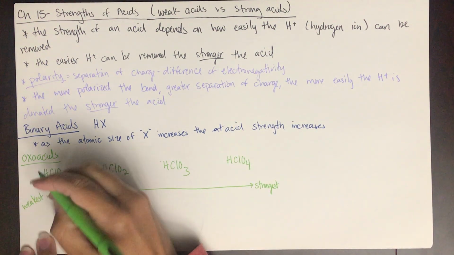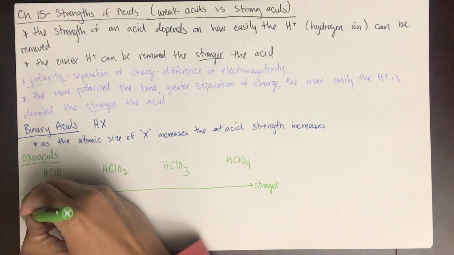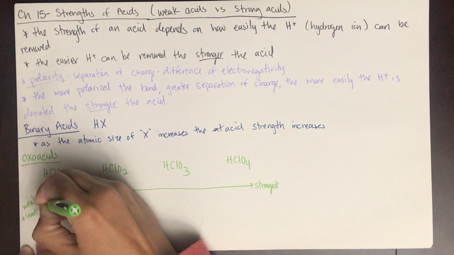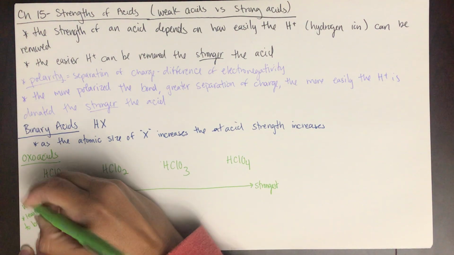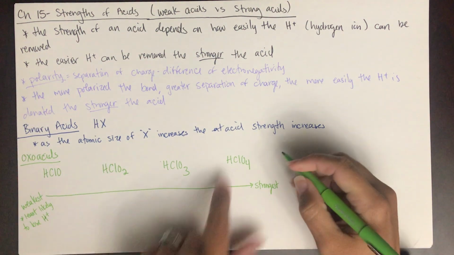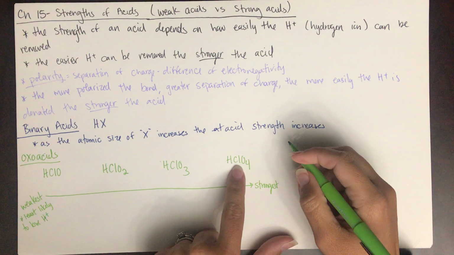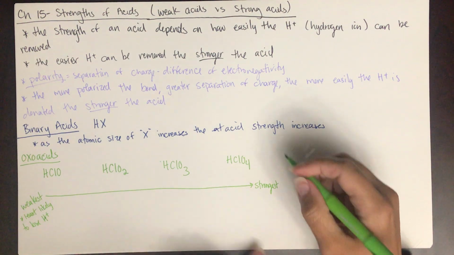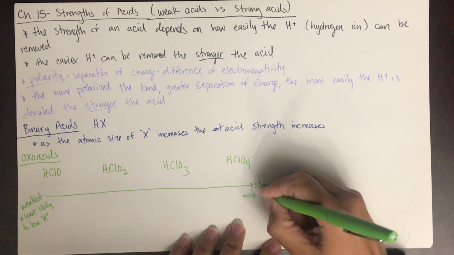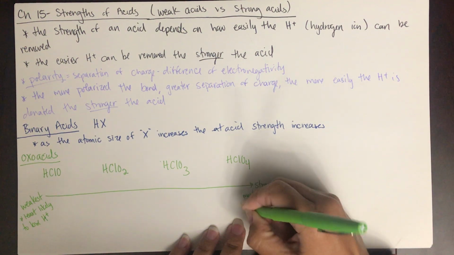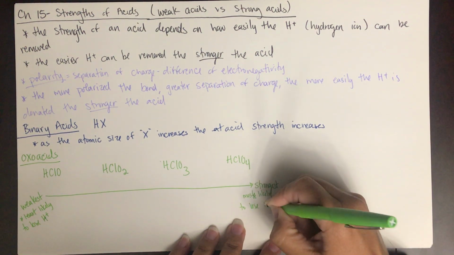So this weakest acid right here would be the least likely to lose a hydrogen. And this perchloric acid here would be the most likely to lose a hydrogen ion.